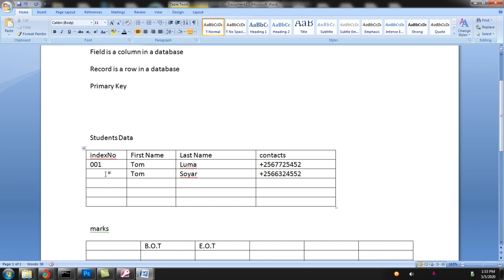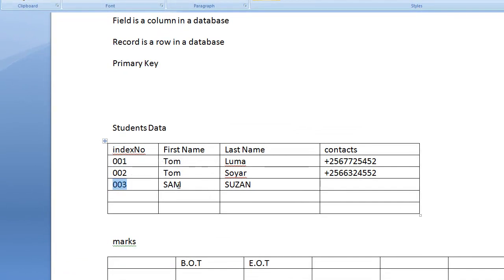Then we can have a number like 002, and someone called Sam Susan, who will be given the number 003. Sam Susan is number 3.